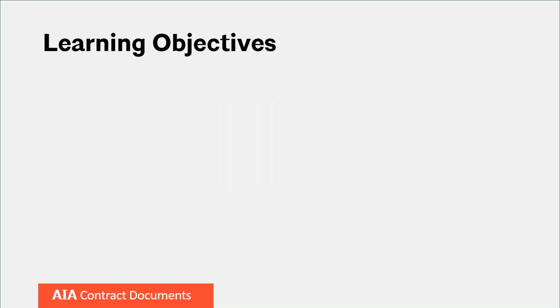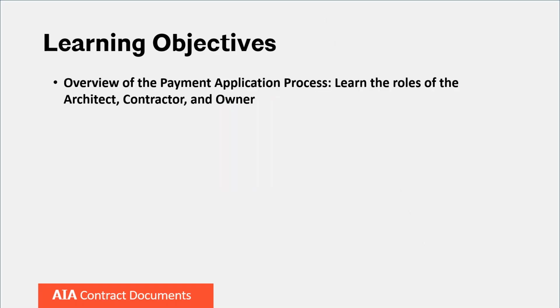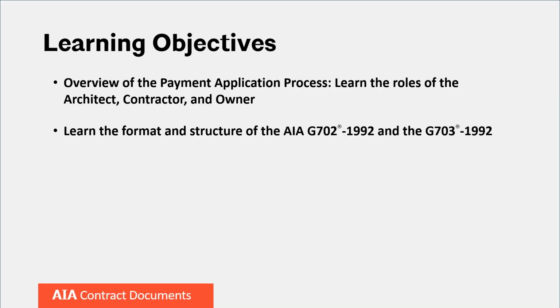Our objectives for today will be to look at the payment application process, and we'll do that by considering the roles of the primary participants. We'll look at the architect, the contractor, and the owner and consider their perspectives on these issues. We want to look at the format and structure of the AIA G702 and G703 to help us understand how that form is used and is critical in the payment application and certification process.